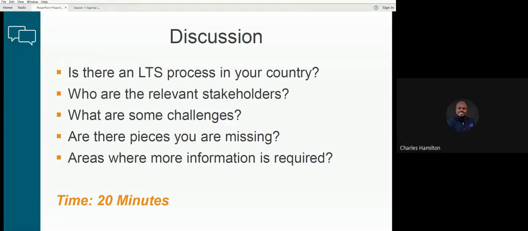All right. In terms of the Bahamas, there is currently no LTS strategy in place.